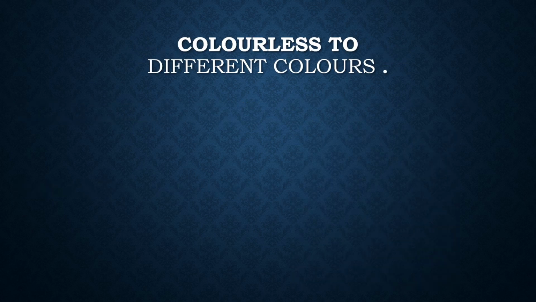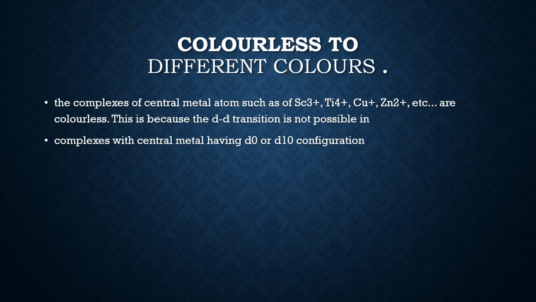How the absorption is taking place is clear, but why do some coordination complexes not have colors? Complexes of central metal ions such as scandium 3 plus, titanium 4 plus, copper plus, zinc 2 plus, etc. are colorless because of their electronic configuration.